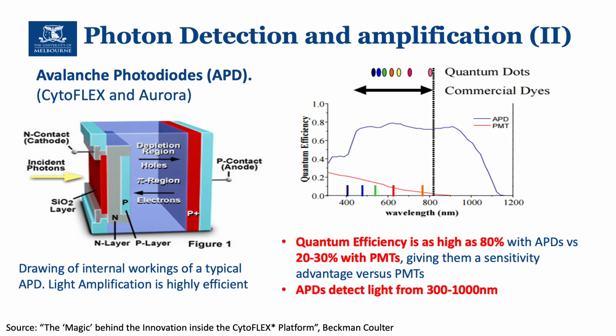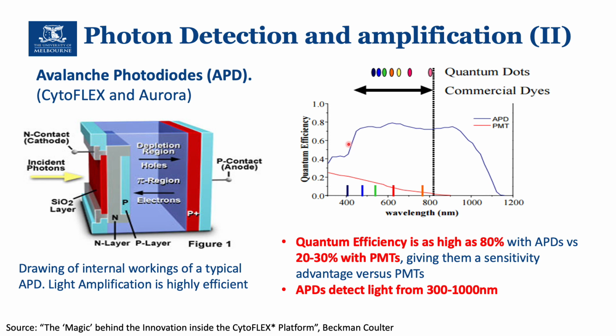Another type of photon detector at this point that we also have in the platform is the avalanche photodiodes, which are used by the Aurora and the Cytoflex. And these are a different operation. The design is different, the principles of operation are different, but the major take-home message here for these detectors is how sensitive they are.